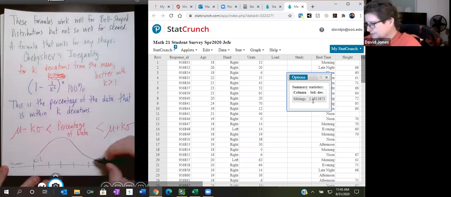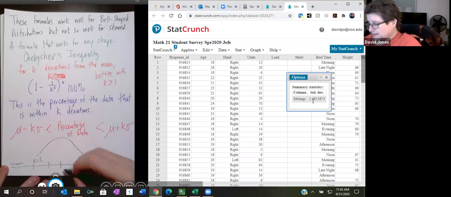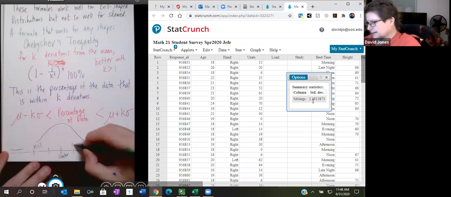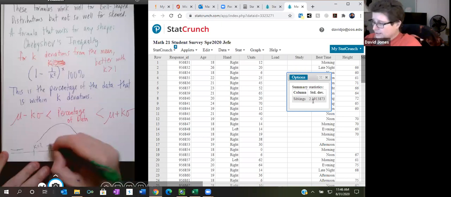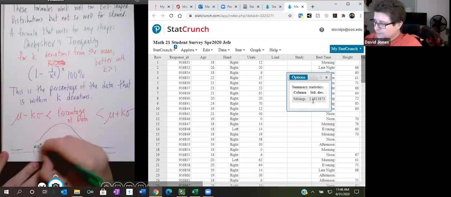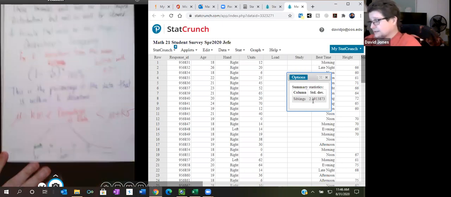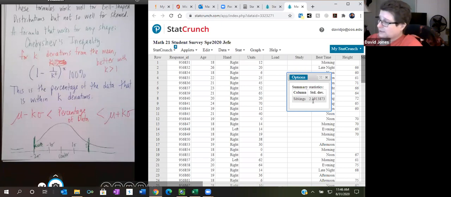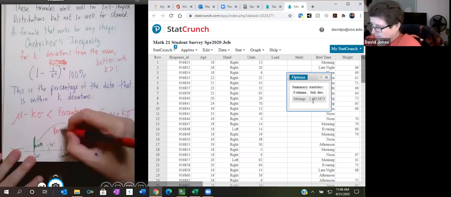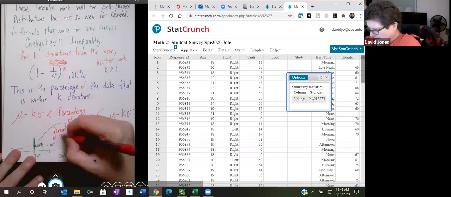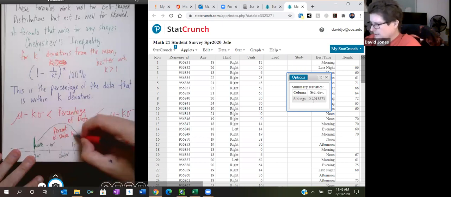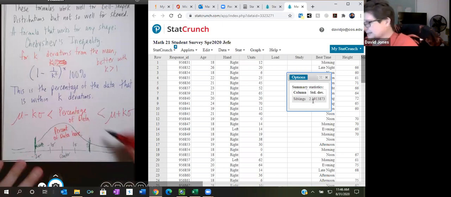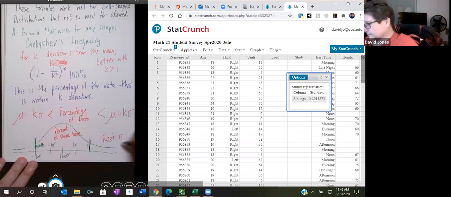We go out 2 deviations from the center: 1 sigma higher, 2 sigma higher, 1 sigma lower, 2 sigma lower. It's the percentage of the data that's underneath the curve, and the rest is outside.